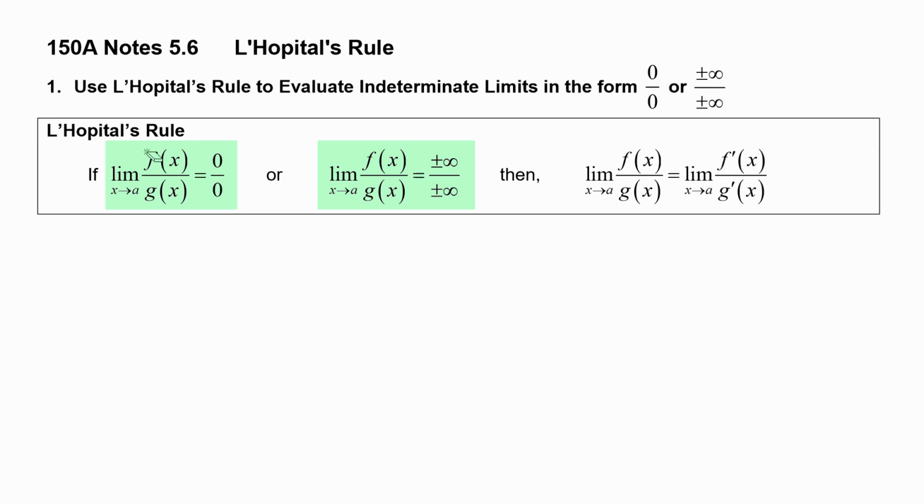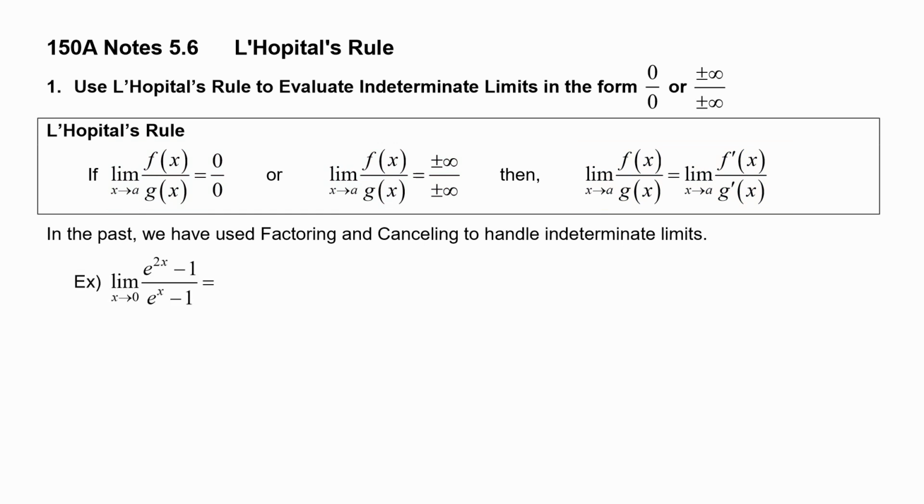If you have one of those two situations, then the limit as x approaches a of f of x over g of x can be found by doing the limit as x approaches a of f prime of x over g prime of x. It's a pretty amazing rule.